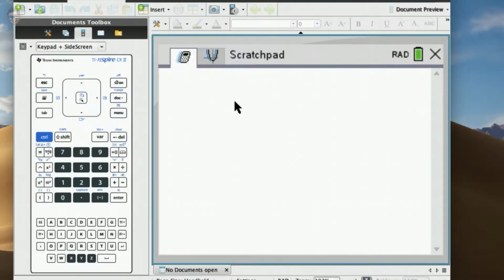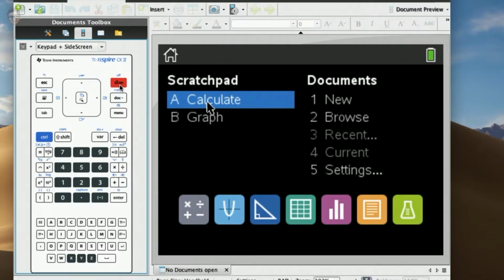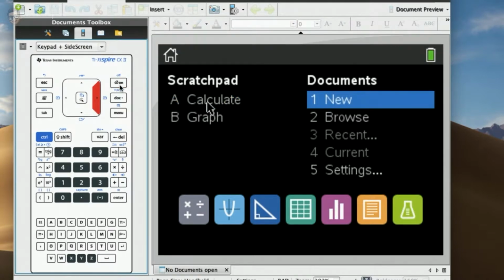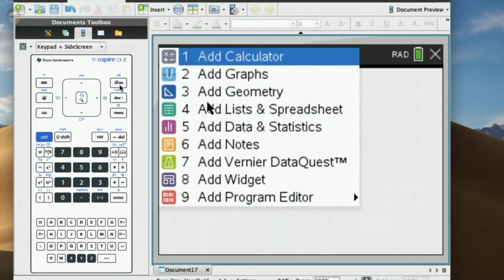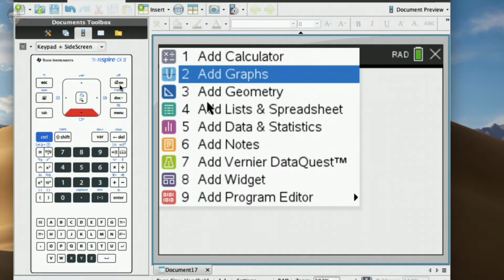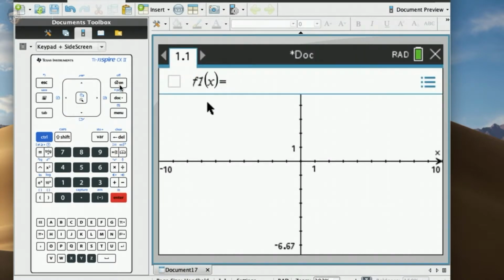So let's do it. On the main screen, I will choose a new document. I recommend always starting with a new document. And then I will add graph. And I will write down the function here, which is 2 times negative 3 to the power of x minus 1.